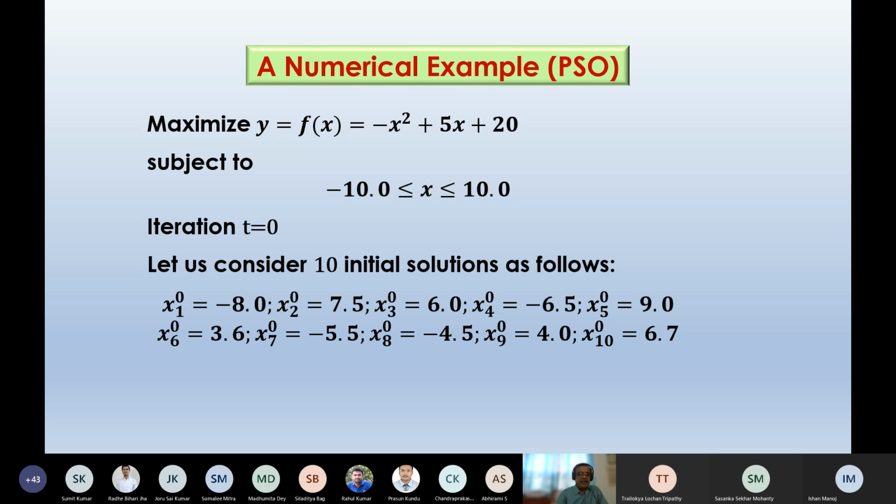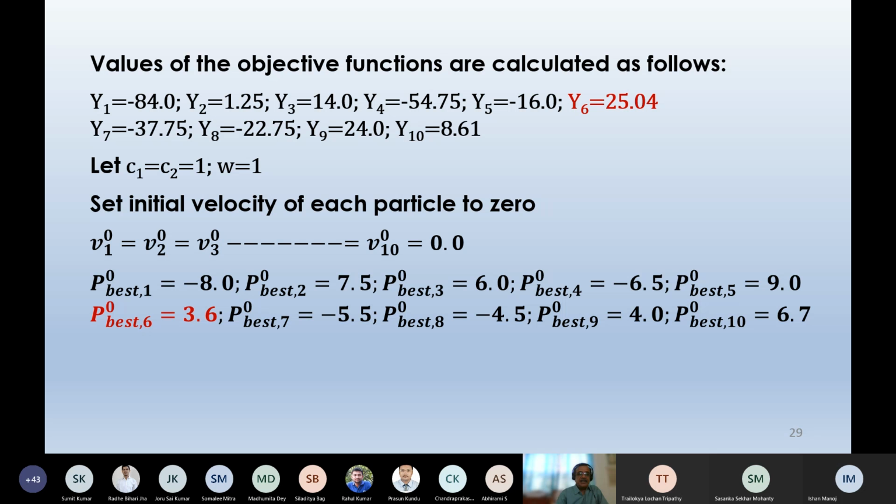I am declaring that these are the personal best for the 10 particles, 10 solutions. P best 1 corresponding to 0 is minus 8.0. P best 2 corresponding to 0 is 7.5. And P best 10 corresponding to 0 is nothing but 6.7.